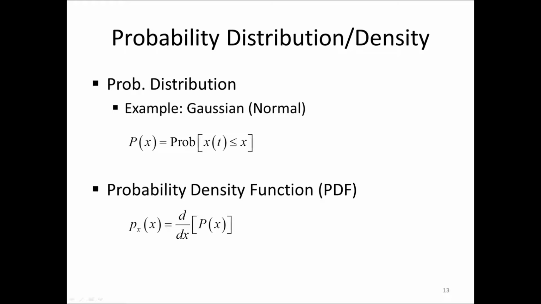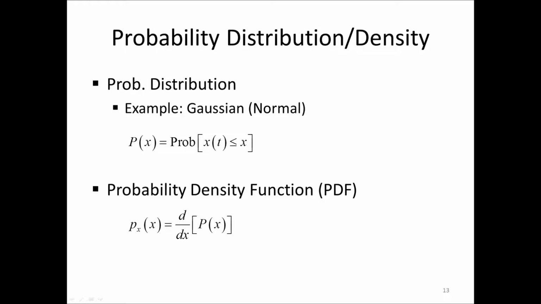Random signals are characterized by their distribution, or their probability distribution. The most common distribution is, of course, the Gaussian or normal distribution that I suppose you're well aware of. The probability distribution, which we denote uppercase P of x, is the probability that x of t is smaller than the value x.